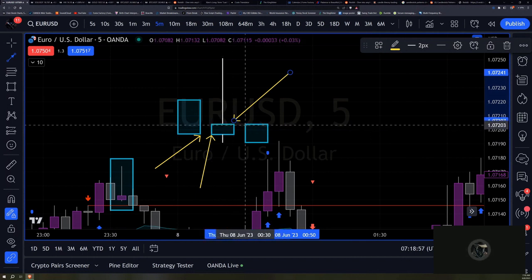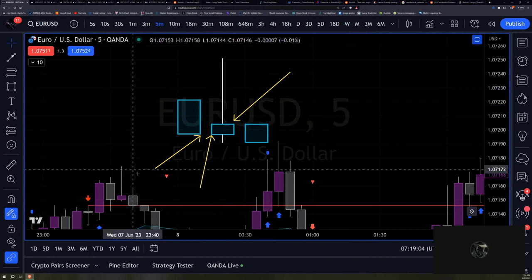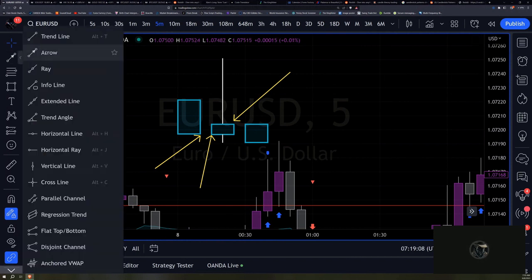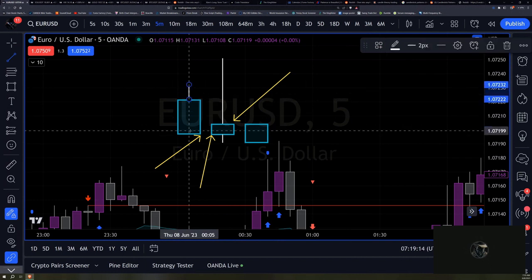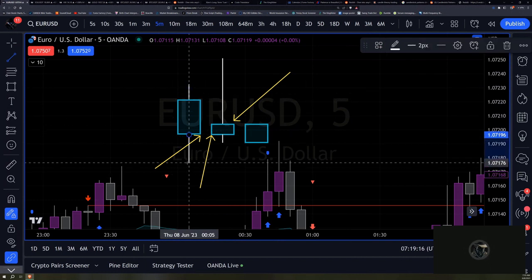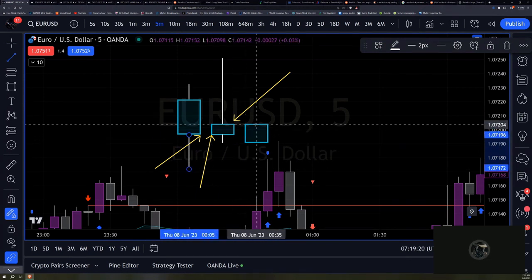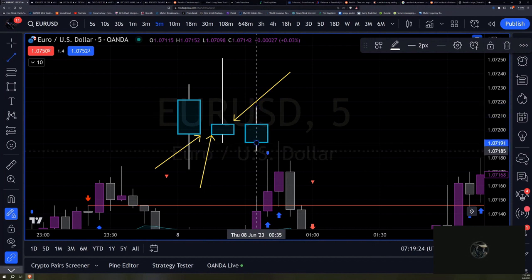And then it entered the next candle right here. I don't think that candle has any wicks. It does. Okay, I lied. So let's go ahead and do this properly. This has a wick here and a wick like that. And this has a wick here and a smaller wick here.